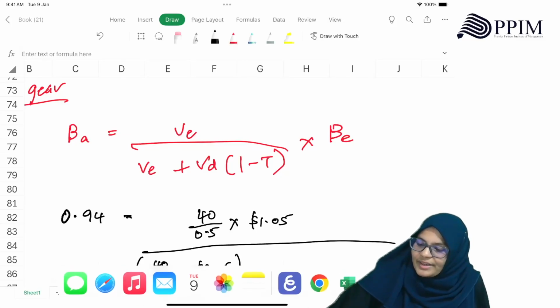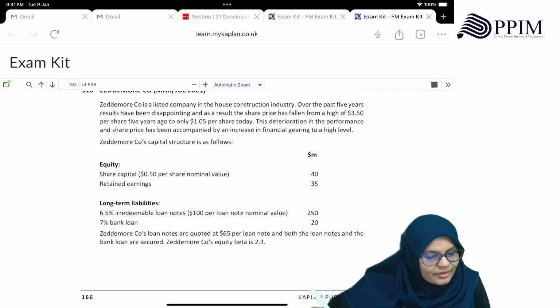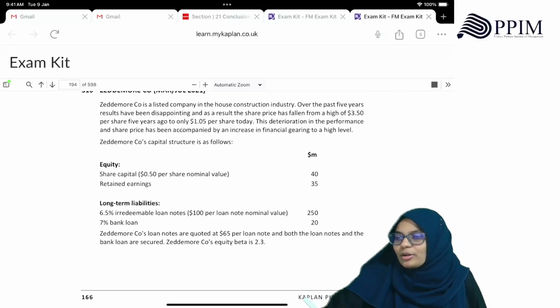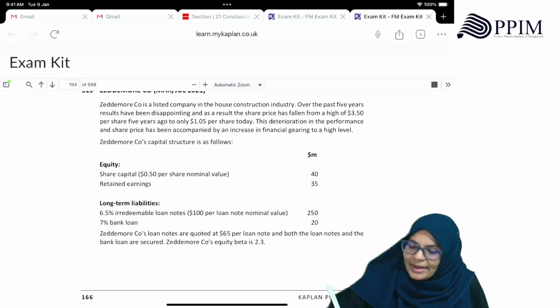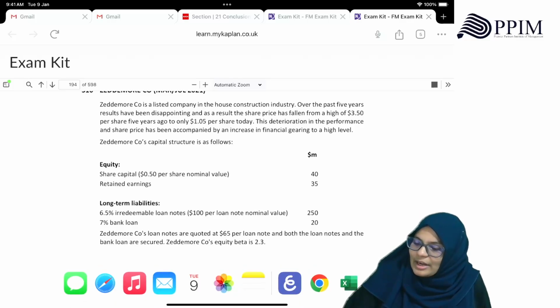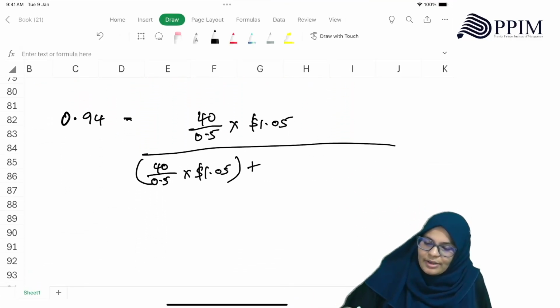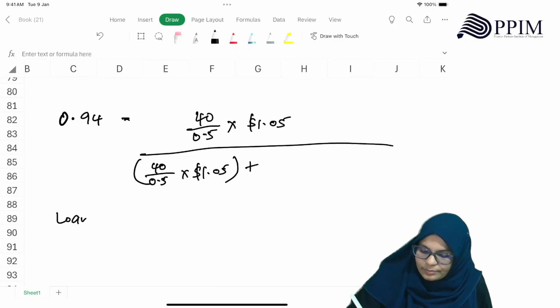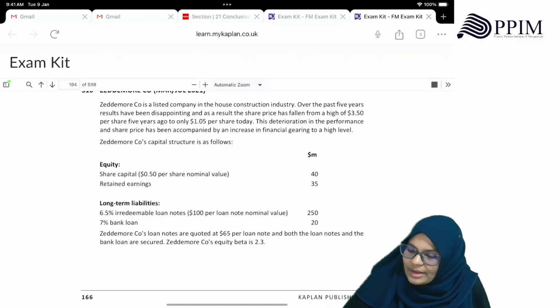And if you look at value of debt, what are they telling me? They're telling me that we have loan notes and there is a bank loan. So value of debt has two components, right? If you take the loan note, they're saying it's 250, the nominal value is $100, and it's quoted at 65 per loan note. So I can get the value of the loan note first. Book value was 250.